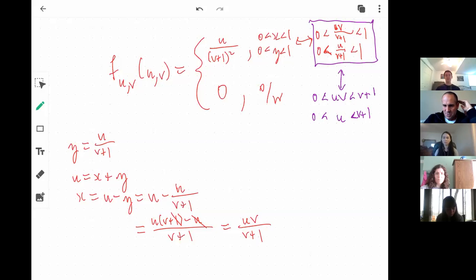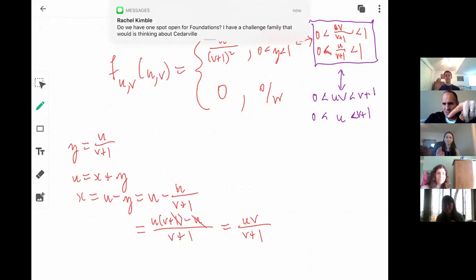If you haven't seen multivariate calculus, this is the kind of thing that you embrace with vigor. How many of you have had Calc 3? Katie, Emma, Matthew, Elise.